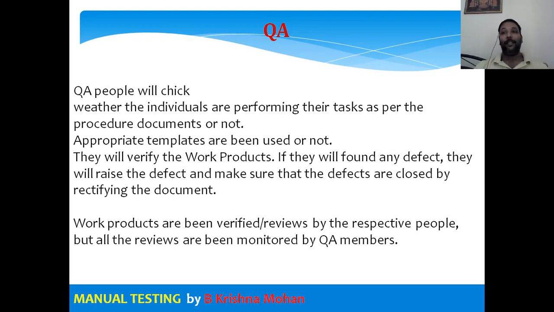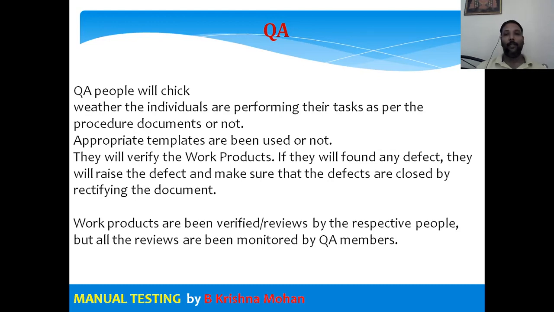If the same thing is there in the SRS, then they will ask the system analyst why you have written it like this. This is wrong. So he will say, okay, it is in the business requirement specification document, it is written like this, that's why I have written it like this. See, this means that we have to find out the root cause. They will find the root cause, and that root cause has to be nullified.